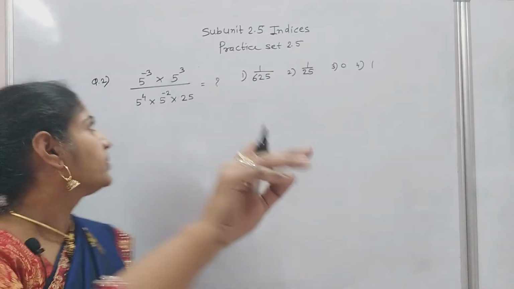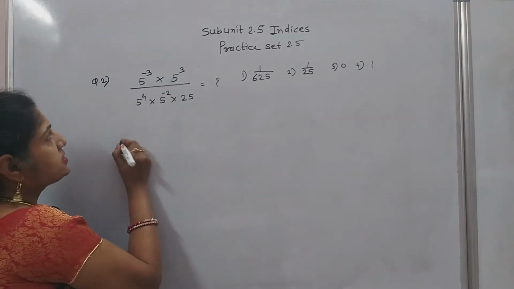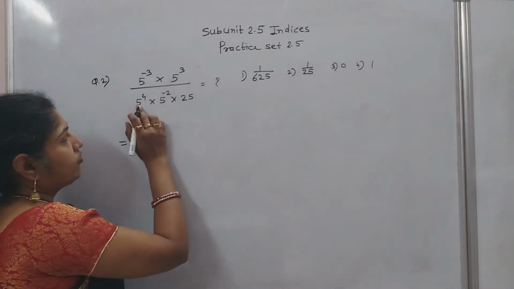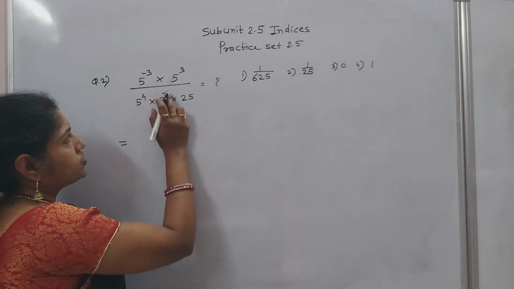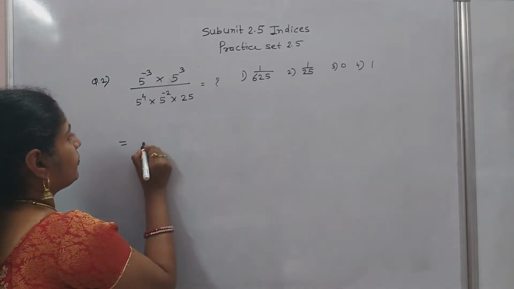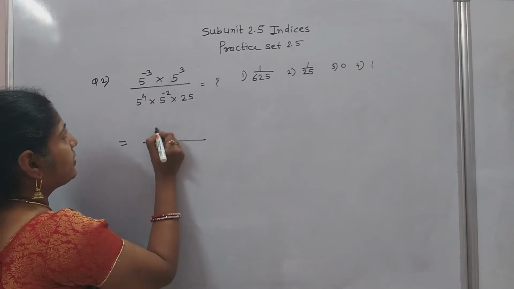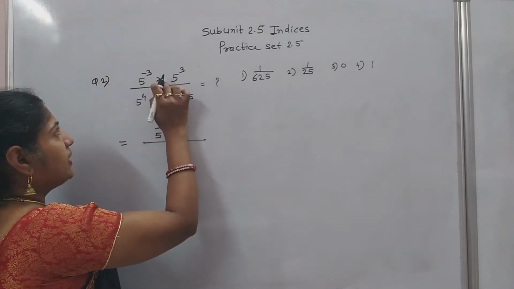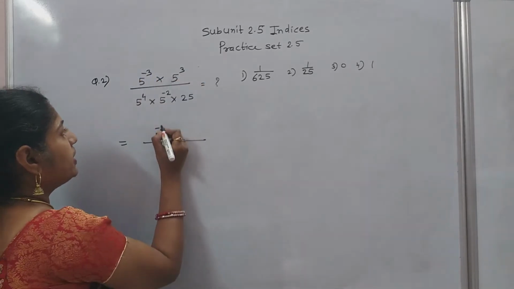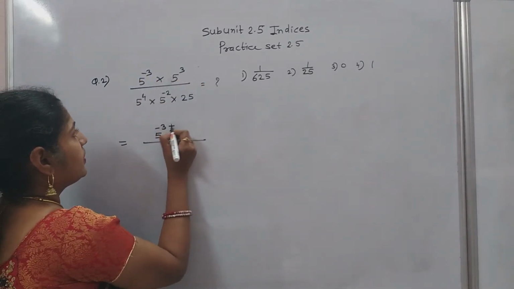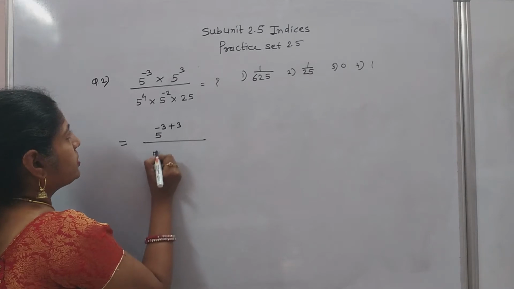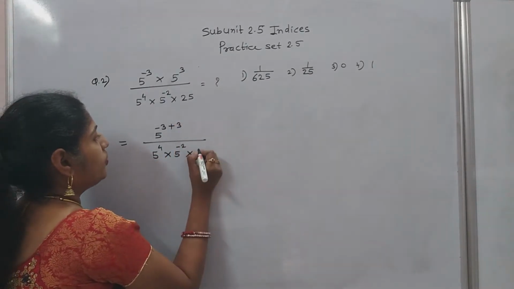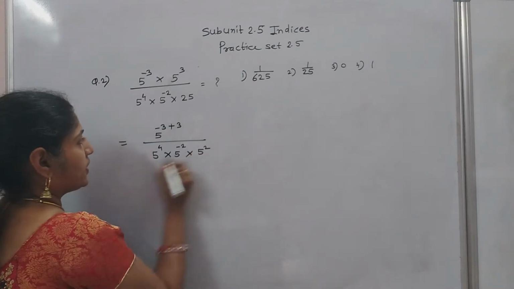Next question. 5 raised to minus 3 into 5 raised to 3 upon 5 raised to 4 into 5 raised to minus 2 into 25. Here is the equal base and multiplication, so addition of the indices: minus 3 plus 3, upon 5 raised to 4 into 5 raised to minus 2 into 25, which means 5 square.